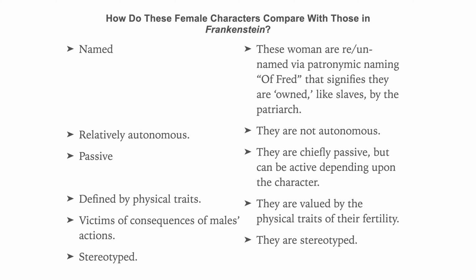Especially in Victor Frankenstein's eyes, they're defined as gifts of celestial beauty by their physical traits. The core and chief physical trait that is the valued thing in Handmaids, quite obsessively, is their fertility.